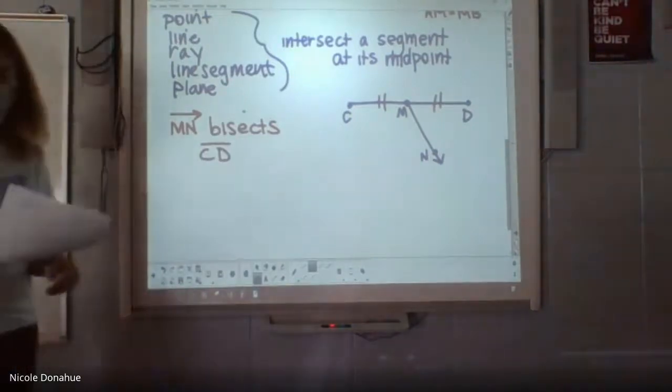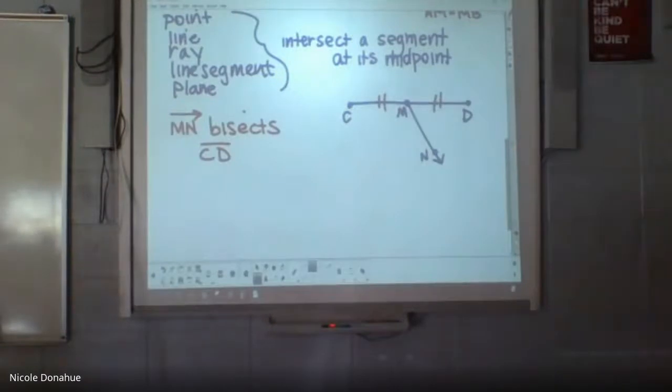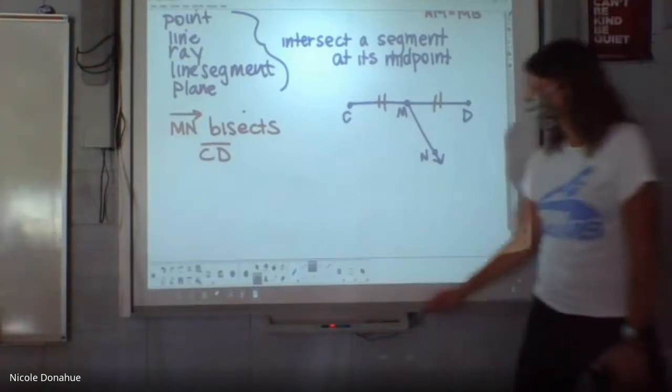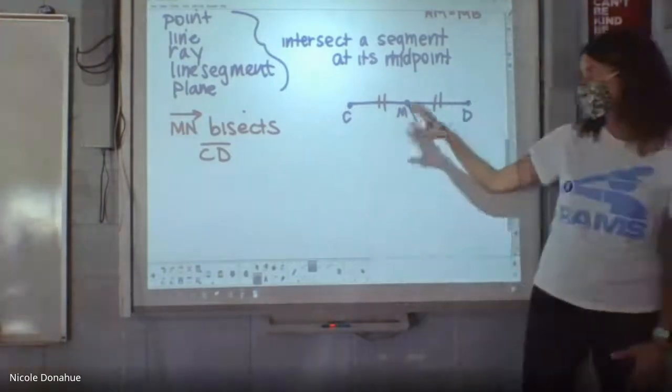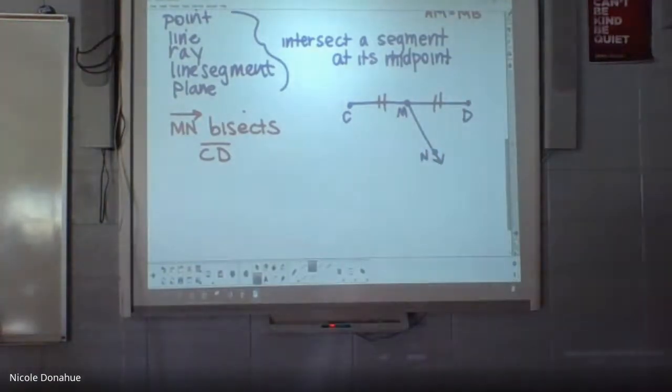So we call that a segment bisector. So that ray MN bisects CD. That makes those two equal pieces there. So they'll use that, and M is still a midpoint. So you can call M a midpoint, but that ray is what bisects that segment.